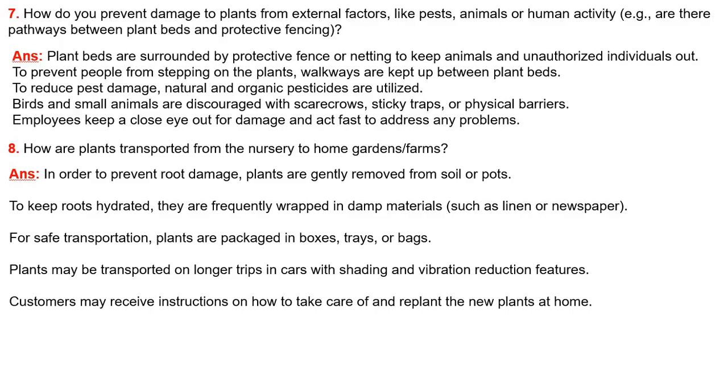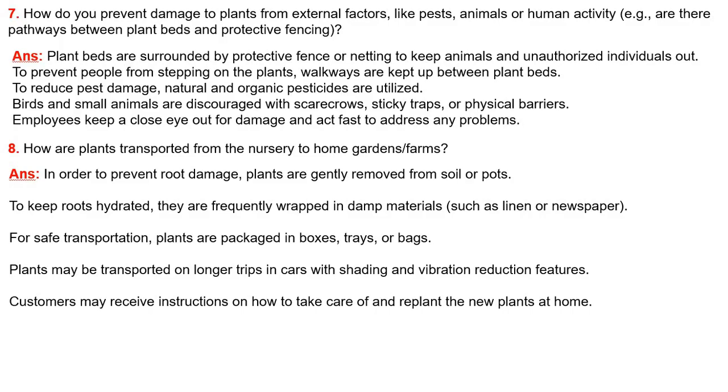How do you prevent damage to plants from external factors like pests, animals or human activity? For example, are there pathways between plant beds and protective fencing? Plant beds are surrounded by protective fence or netting to keep animals and unauthorized individuals out. To prevent people from stepping on the plants, walkways are kept up between plant beds.